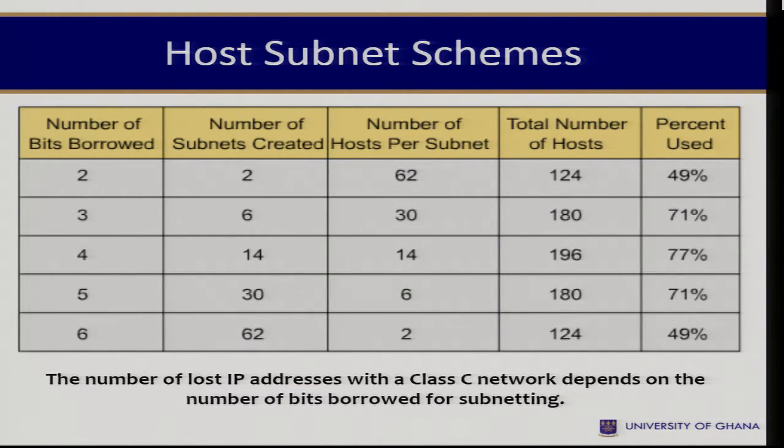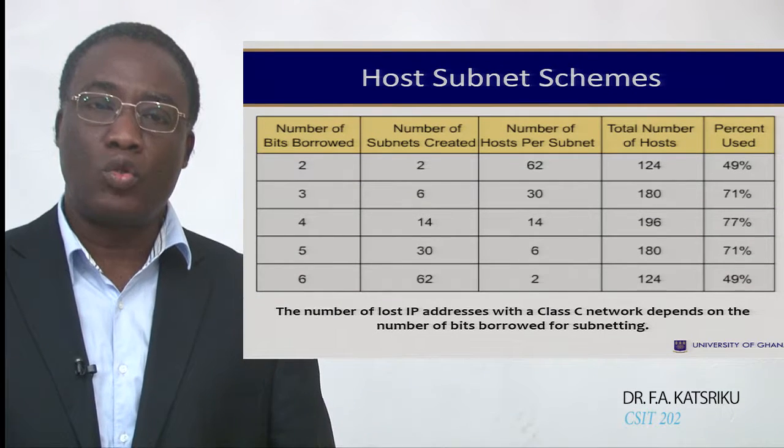So if you borrow 2 bits, for example, from the host, it means you have 6 bits left, which you can use to provide addresses for the hosts on that subnet. With the 6 bits left, 2 to the power of 6 is 64, and we said 2 of those addresses must be used for network and broadcast. So in each case, you have to take away 2.